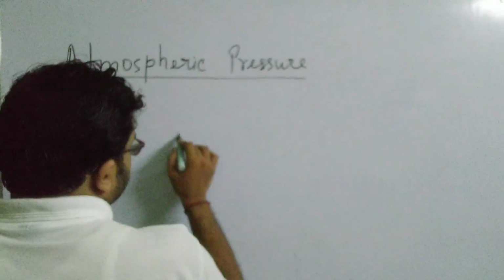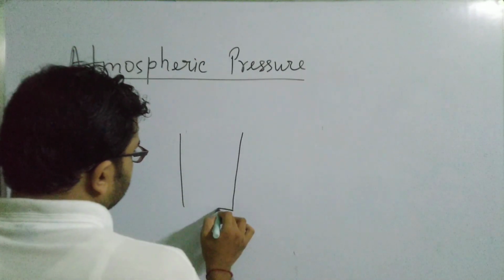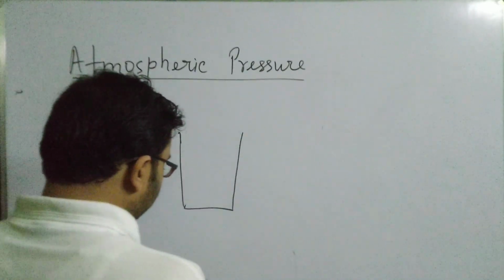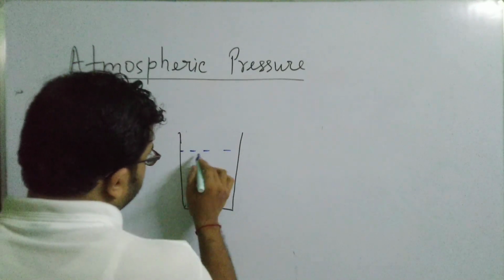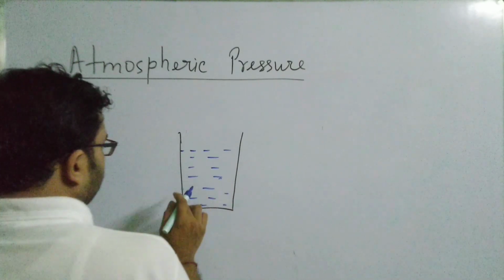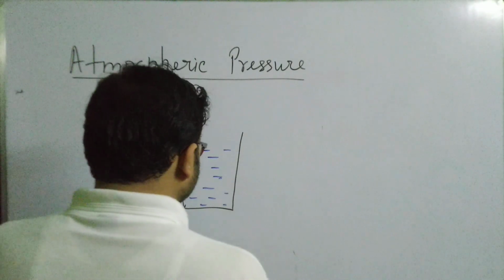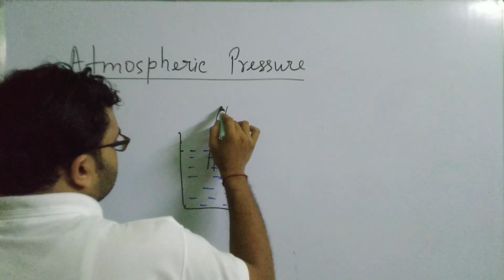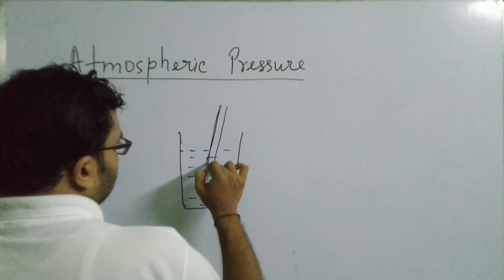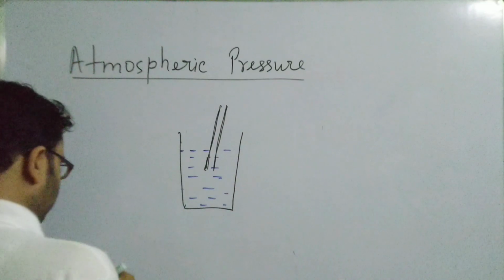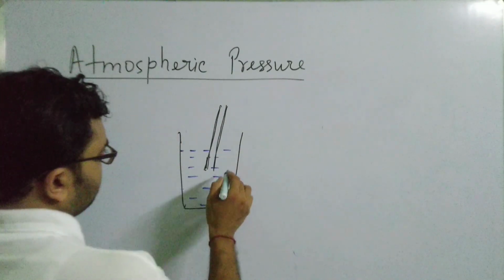Say this is a glass containing some kind of liquid drink, it may be a soft drink or lassi. What happens when we drink this liquid using a straw? We put our mouth on the open end of the straw and we suck out the air from this straw.